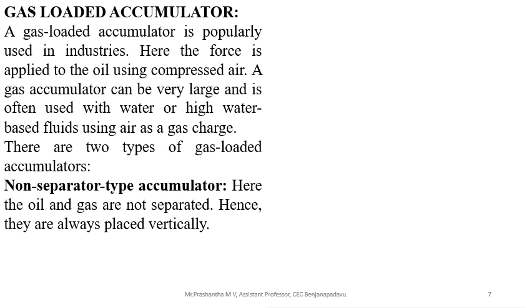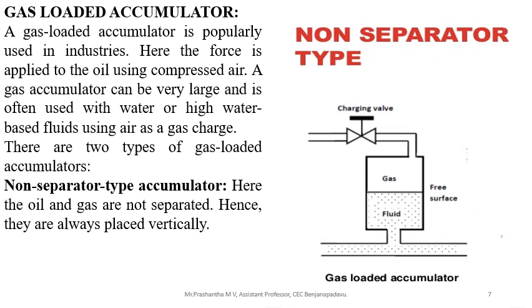Here there are mainly two types of gas loaded accumulator: non-separator type and separator type. First we will move on to the non-separator type accumulator. Look at the diagram. This diagram shows a non-separator type gas loaded accumulator.